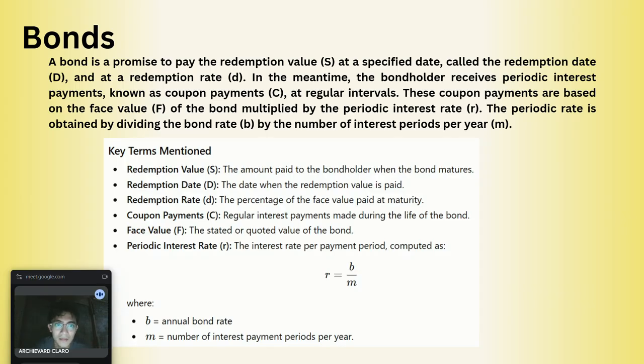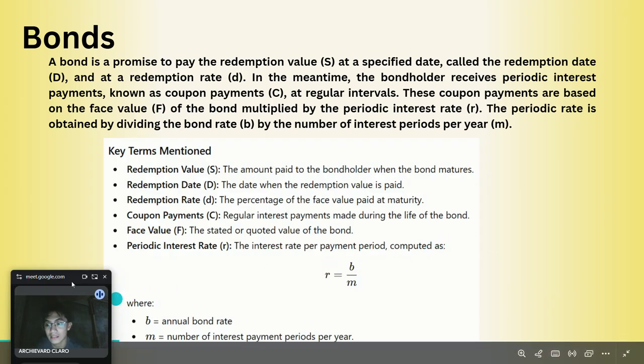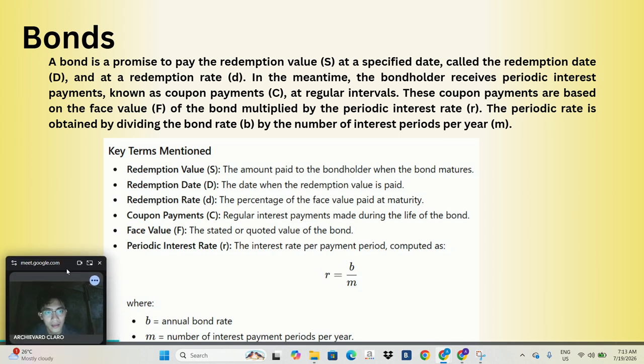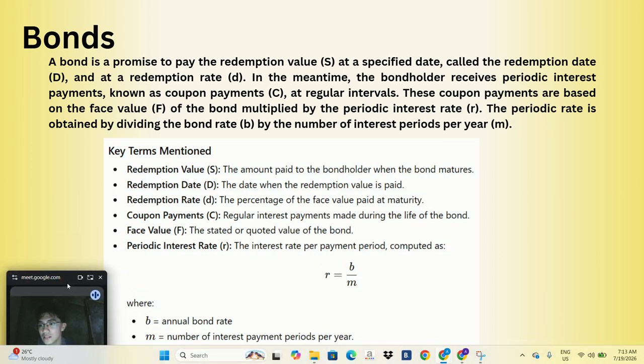In the meantime, the bondholders receive periodic interest payments, known as coupon payments, at regular intervals. These coupon payments are based on the face value F of the bond multiplied by the periodic interest rate. The periodic rate is obtained by dividing the bond rate by the number of interest periods per year.